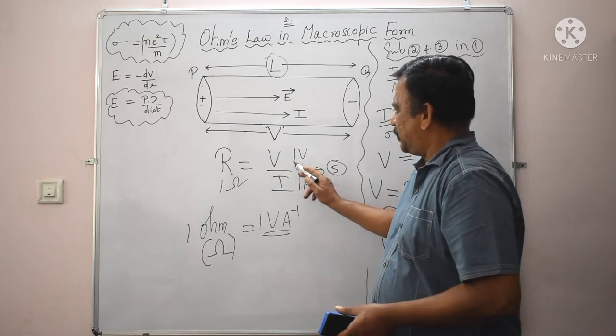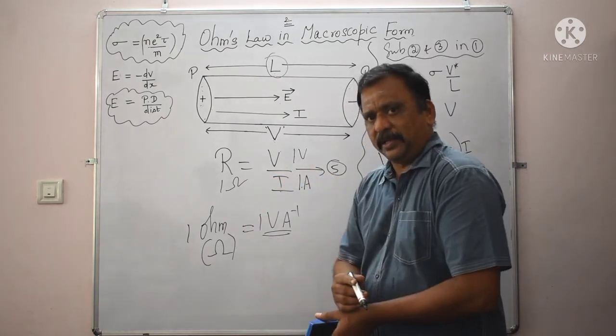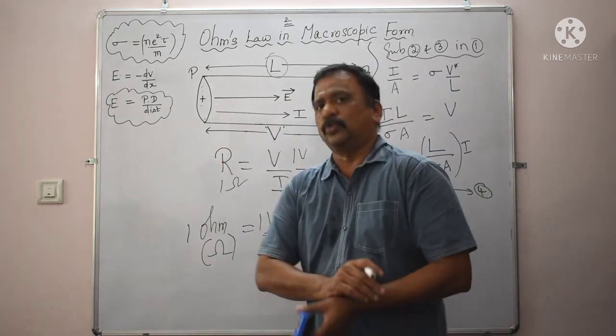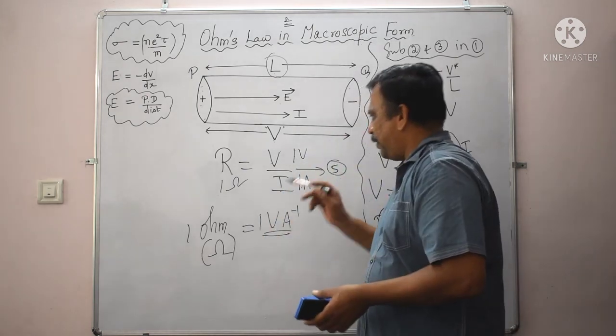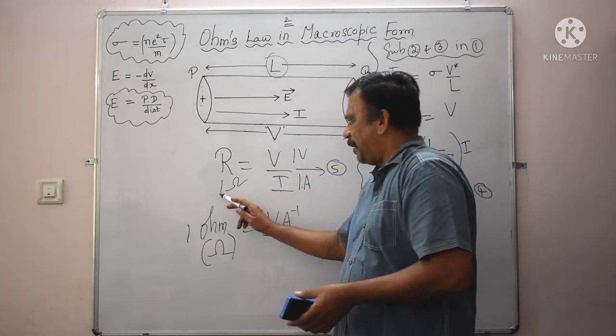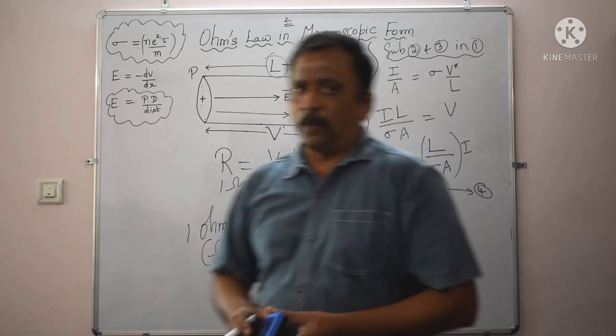Take potential difference as 1 and current as 1. So 1 by 1 is 1. You can define it very easily. Whenever a potential difference of 1 volt applied to the two ends of a conductor enables a current flow of 1 ampere through the conductor, then the resistance offered by the conductor is said to be 1 ohm. So that's all about the macroscopic form of Ohm's law.